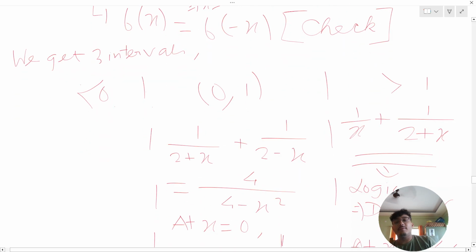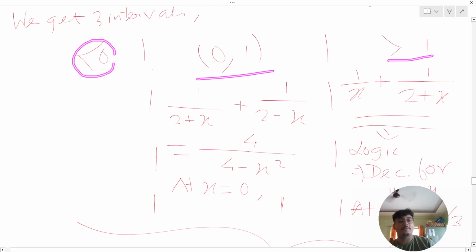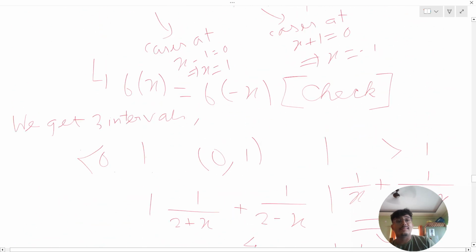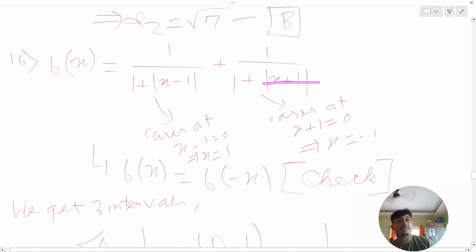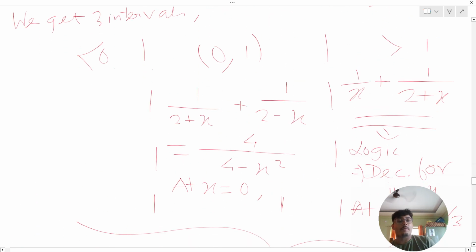So I have made my intervals. One interval is 0 to 1, another one is greater than 1, another one is less than 0. This interval I am least concerned with. These two are my main areas of concern. So for greater than 1, if I put any value, this x minus 1 is going to remain x minus 1. This thing is also going to remain x plus 1. So I get my function to be 1 by x plus 1 by 2 plus x.